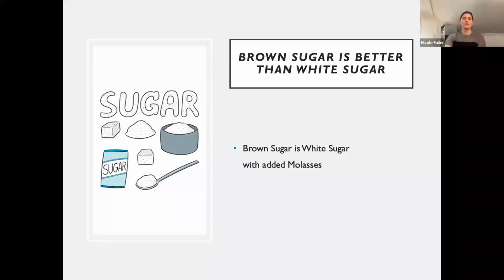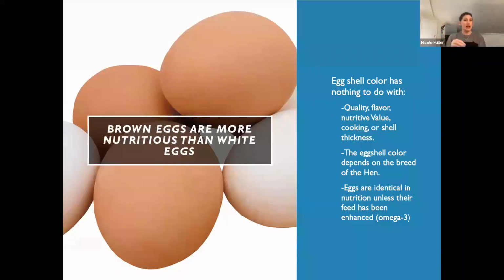Sugar is sugar. This is another one, brown eggs being more nutritious than white eggs. The egg color has nothing to do with the quality of it, the flavor, the nutrition in it, how it's going to cook, nothing. The egg shell color actually depends on the breed of the hen.